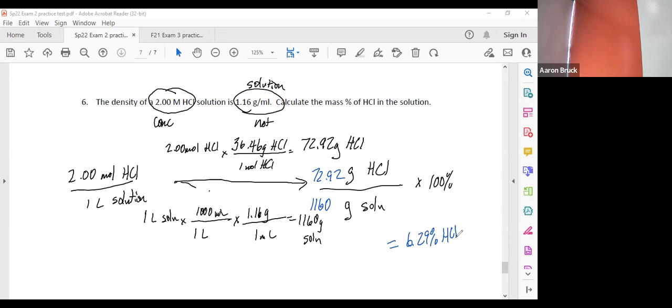So my caution to all of you when these kinds of questions come up is really to avoid overcomplicating them. Know your definitions, separate it into two smaller calculations that eventually you're going to put together. And if you have to go the other way, if you start with that 6.29%, again, separate it.